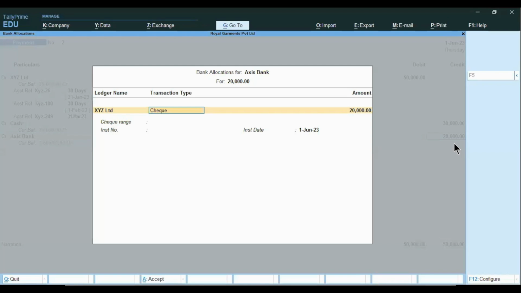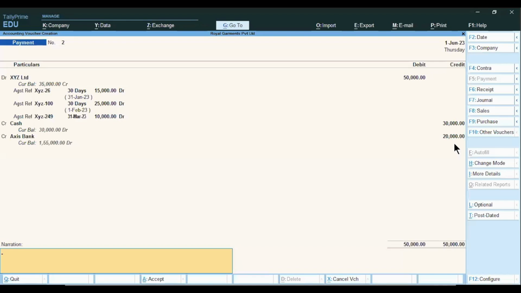So it asks for allocation of bank details also. As we are paying 20,000 by check, which check are we issuing? We are issuing a check of Axis Bank, and the check number is this one, dated so and so. Enter.